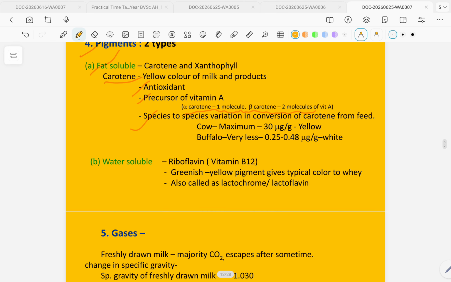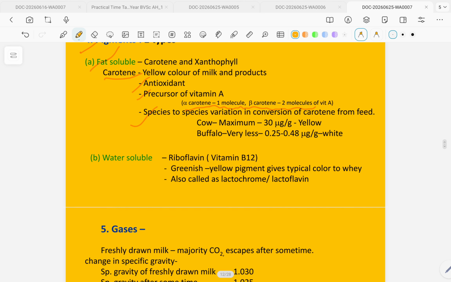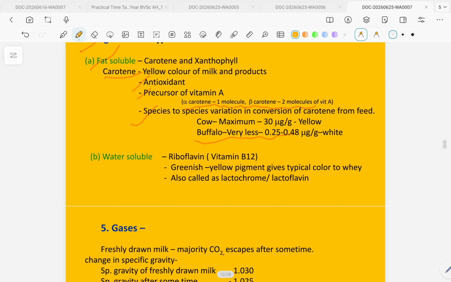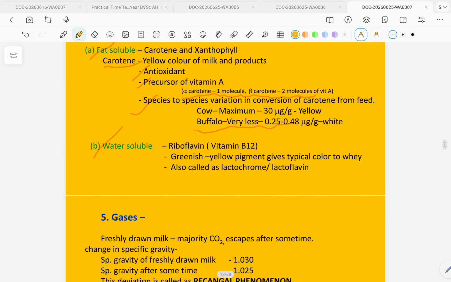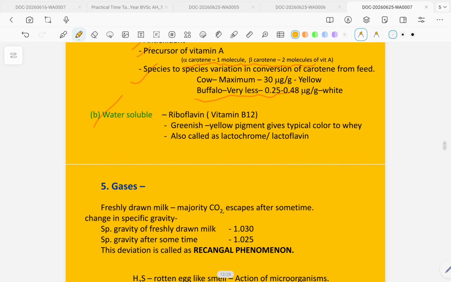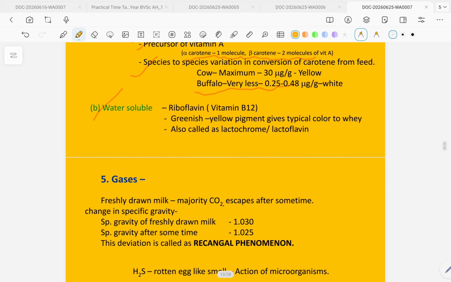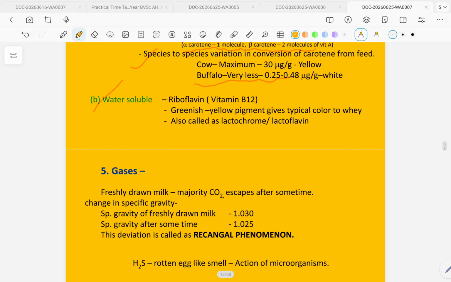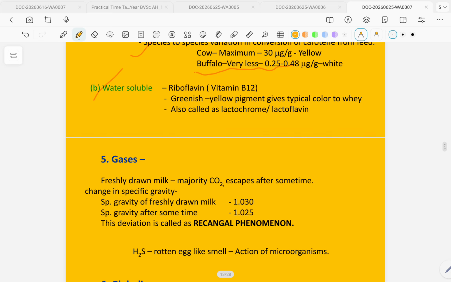Cow has maximum, 30 micrograms per gram, yellow. Buffalo has very little, 0.25 to 0.48 micrograms per gram, white. Water soluble: riboflavin, vitamin B12, a greenish yellow pigment giving typical color to whey, also called lactochrome or lactoflavin.